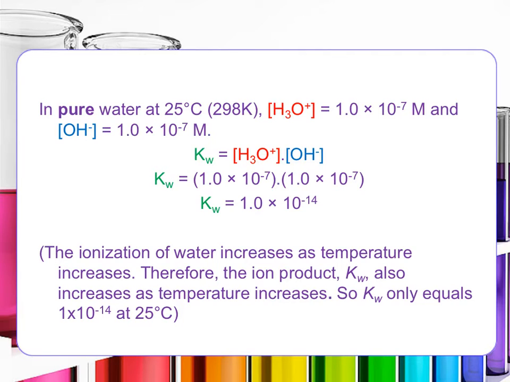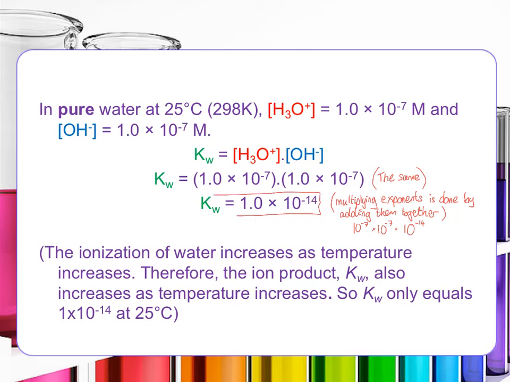And it's important they're the same because it's neutral. And if you remember that multiplying exponents is the same as adding them together, so 10 to the minus 7 multiplied by 10 to the minus 7 gives an answer of 10 to the minus 14. And this is a value that I've already said that you need to memorize.